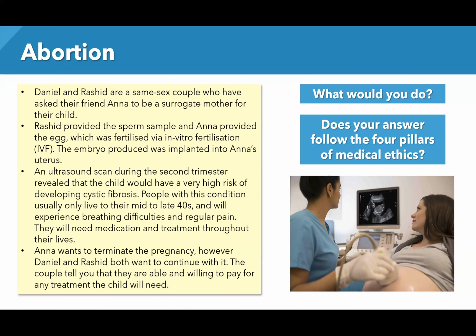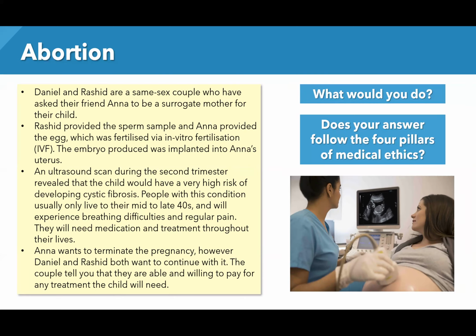As we can see, the main argument here is who is responsible for deciding whether a pregnancy is terminated or not. Should it always be the mother's responsibility or the mother's decision, even if that mother is not going to be raising the child or is not responsible for that child's upbringing and care?